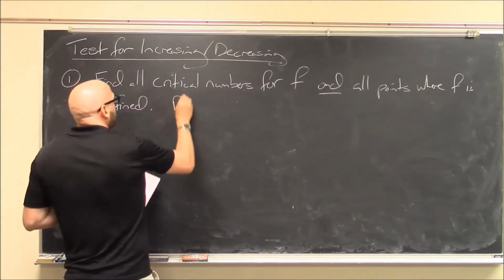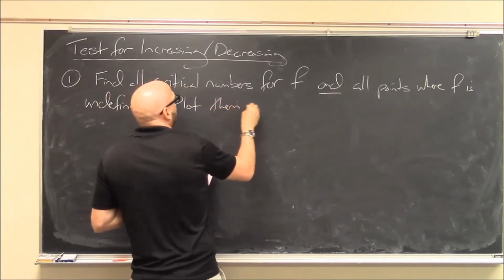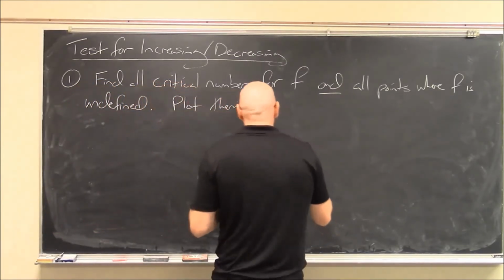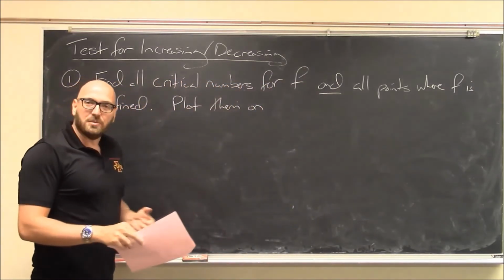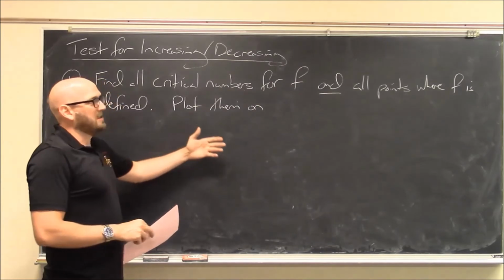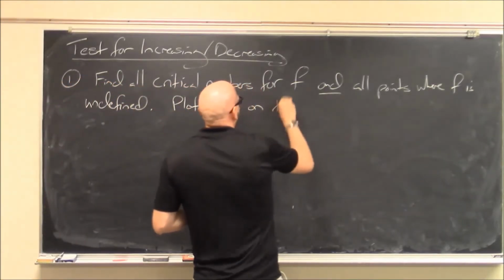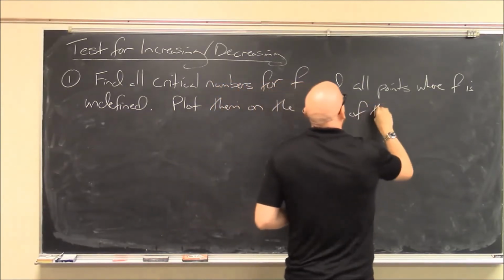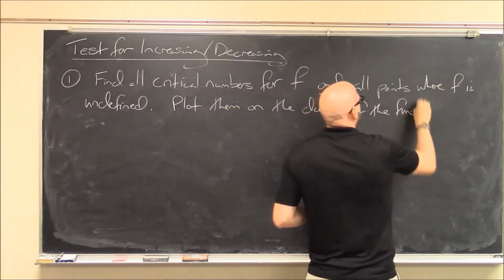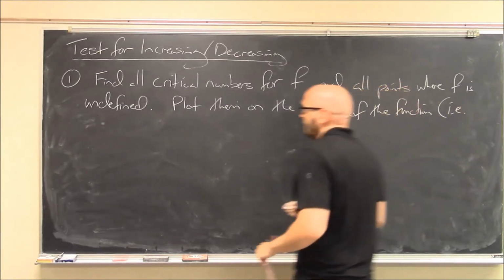And what I'm going to do is plot them on the real number line, because that's often what our domain is, but it's really plot them on the domain of the function. So it's usually just, i.e., a real number line.